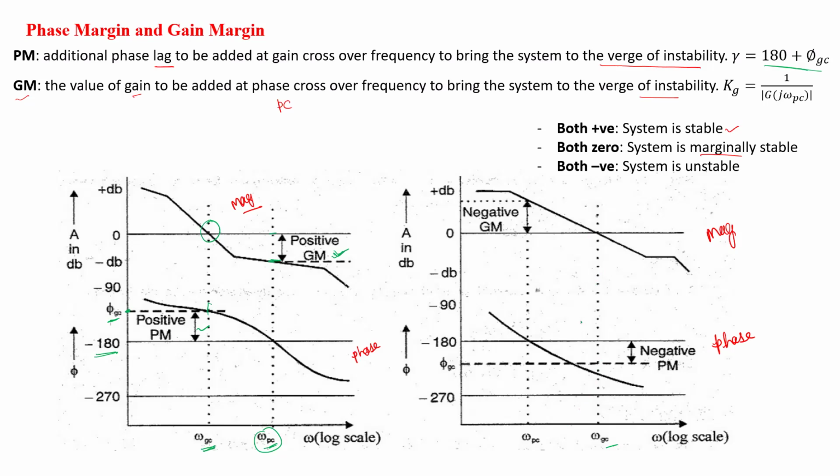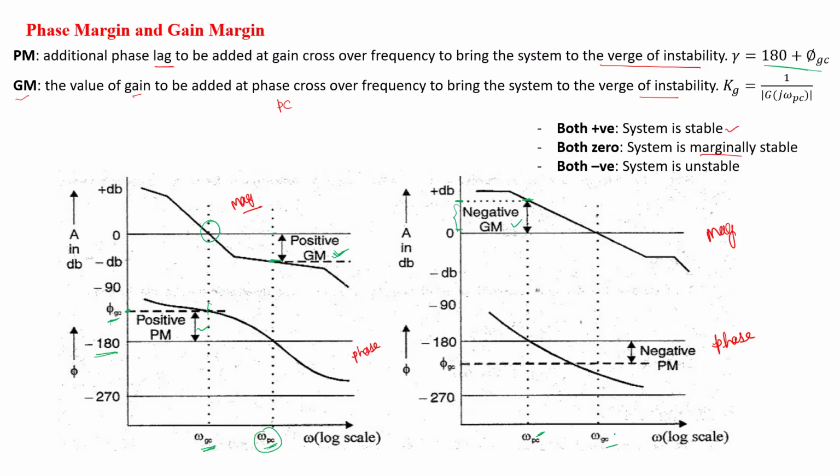For gain margin, we consider the phase crossover frequency, which cuts the magnitude plot here. The corresponding value is plotted on the y-axis, and the gap between it and 0 dB is the gain margin. Here it is below, so it is negative.